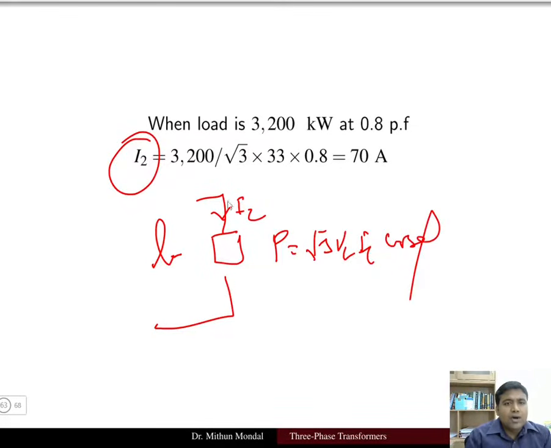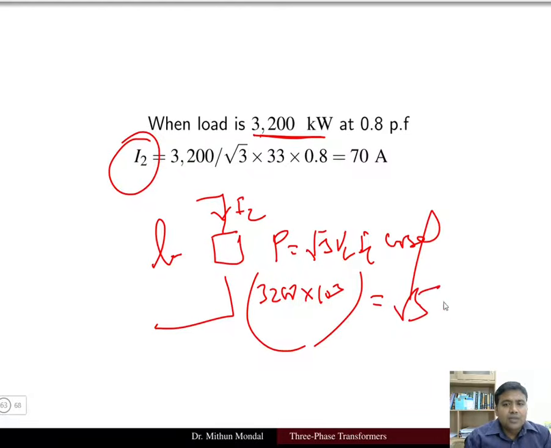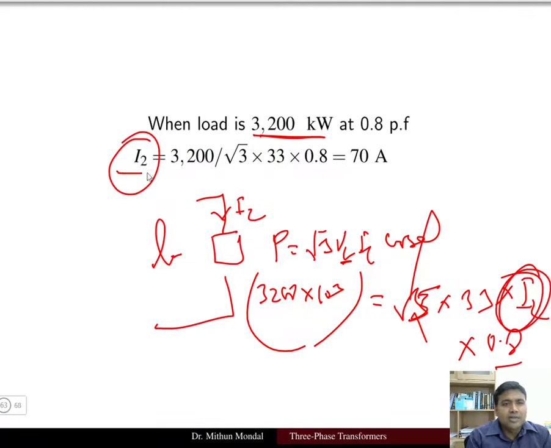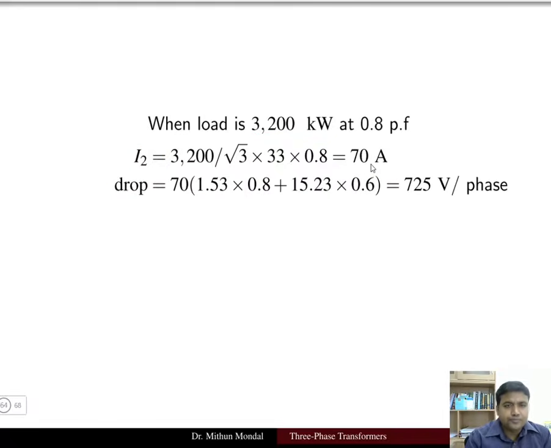Here the power is 3200 kilowatt, so you can substitute 3200 into 10 to the power 3, and root 3 multiplied by the voltage, which is 33 kV on the star side, multiplied by the current that we need to calculate, into cos phi which is 0.8. So we can easily get the value of the current. This is the line current that is flowing, so it is 70 ampere.